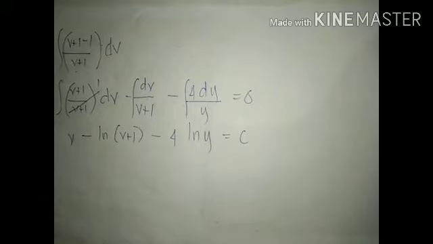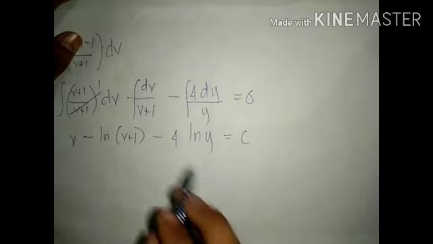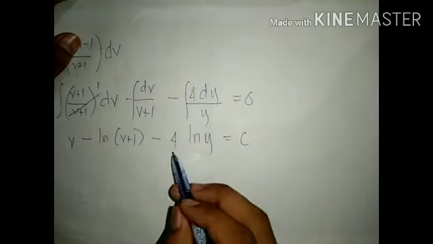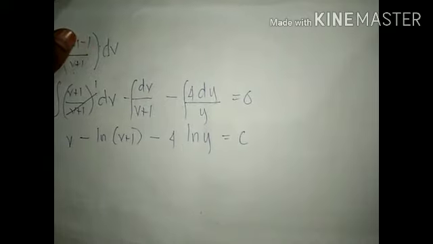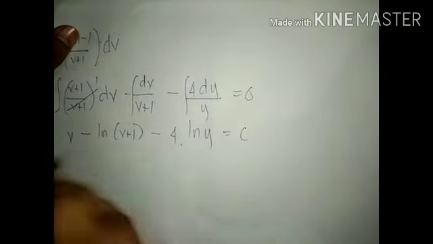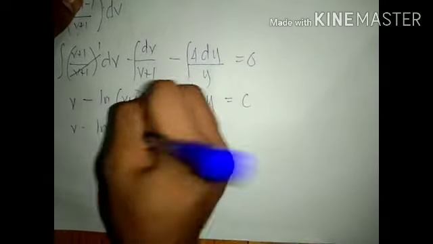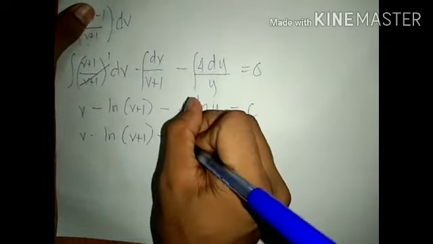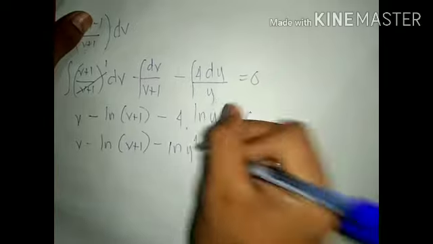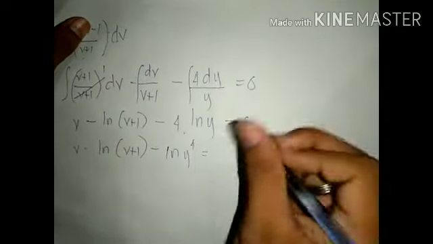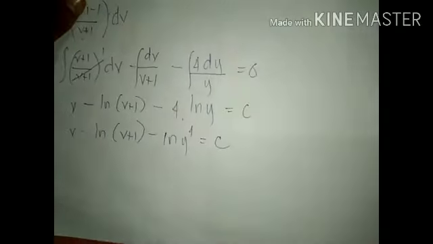And then kani siya sa atong properties of logarithm, ipasakam na tong 4 ari sa exponent sa ln v plus 1 minus ln y for 4 c.